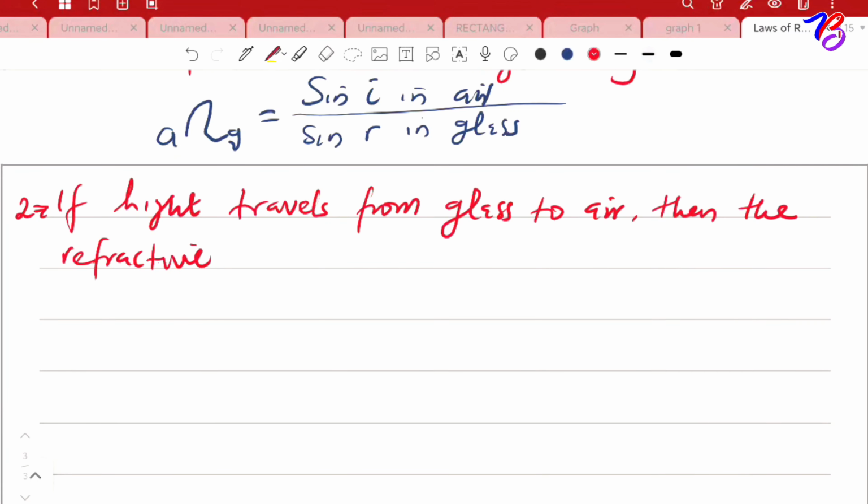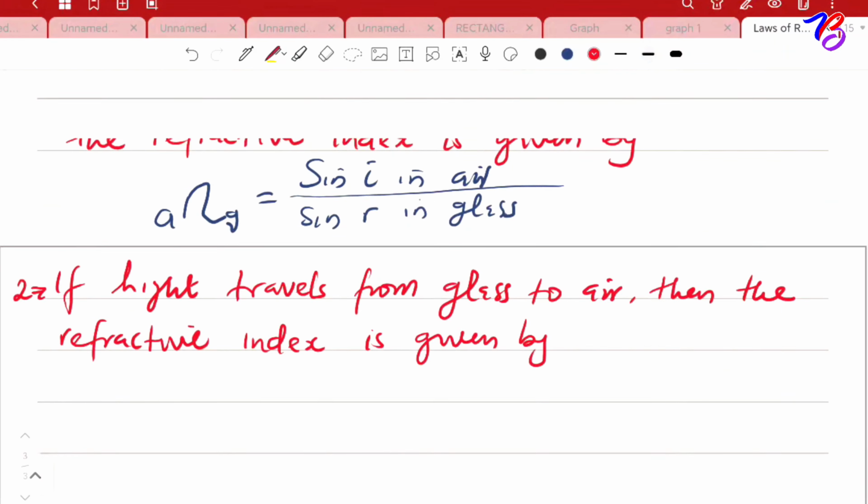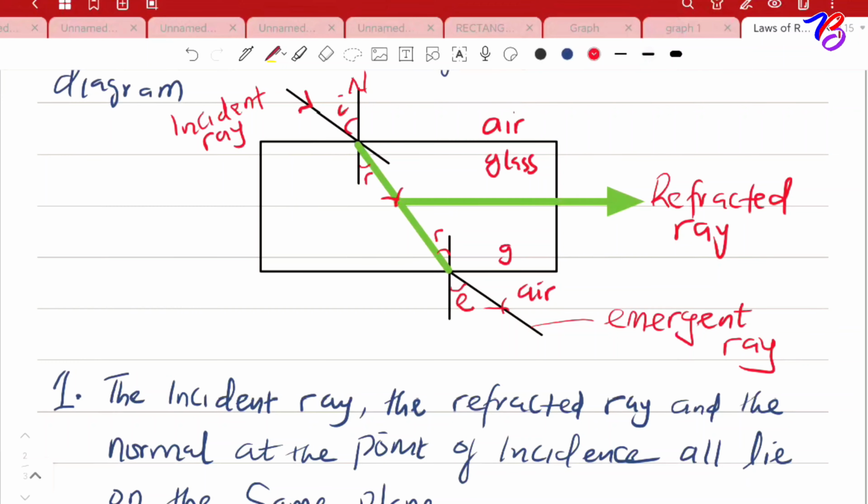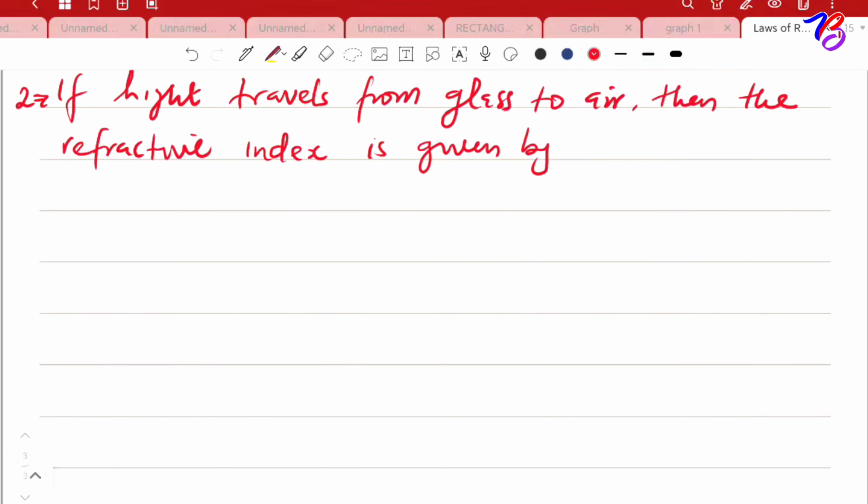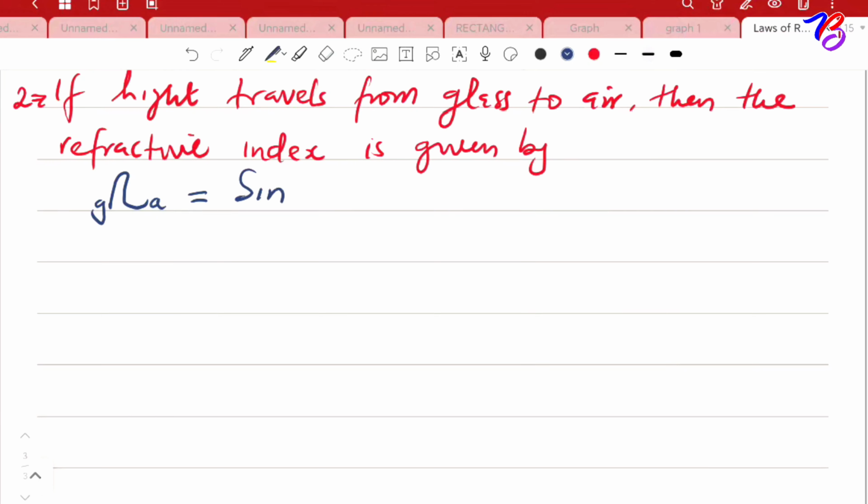The refractive index from glass to air, which gives you G to A, is equal to sine i in glass all over sine r in air.